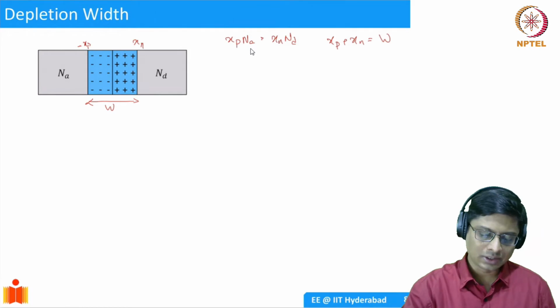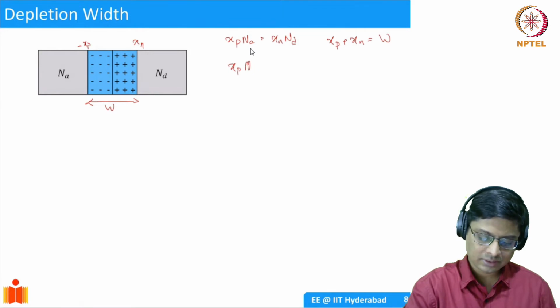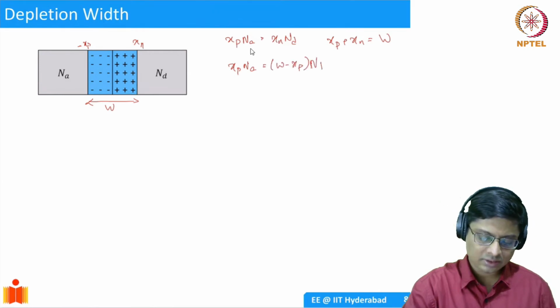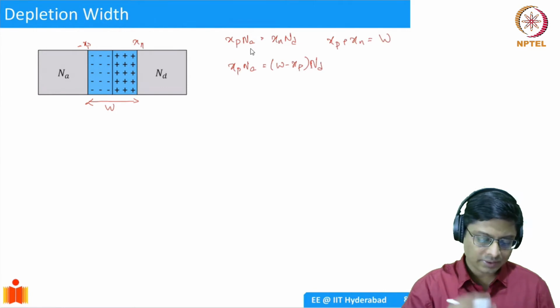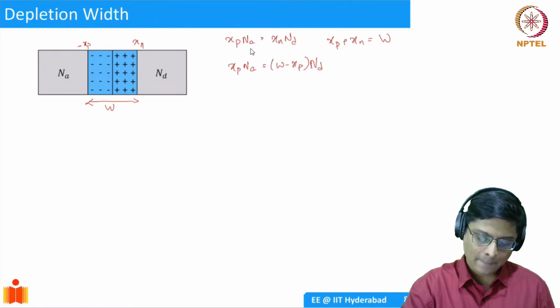Okay. So I'll rewrite this expression. I'll simply say xp times Na is going to be (W minus xp) times Nd. Right. So I'll take it to the other side, and then I'll take the Na to the other side.